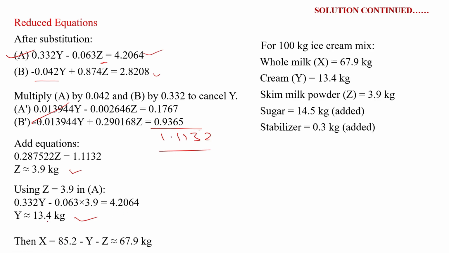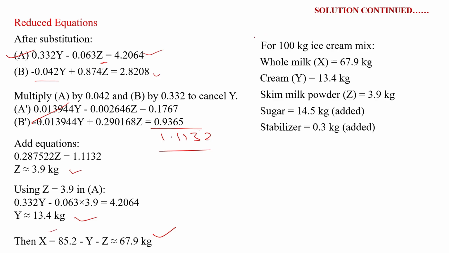And from the values of z and y, we will have x, x equal to 85.2 minus y minus z, the equation which we obtained from the weight equation. So if you put the values of y and z, we will have x equal to 67.9 kg, the quantity of whole milk required.